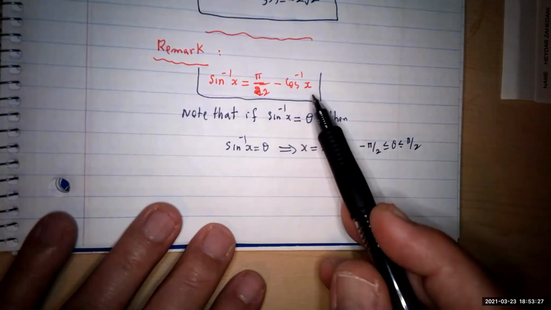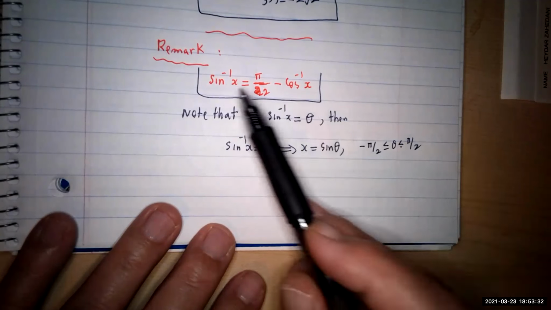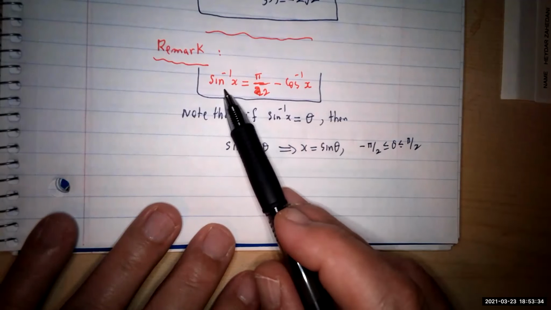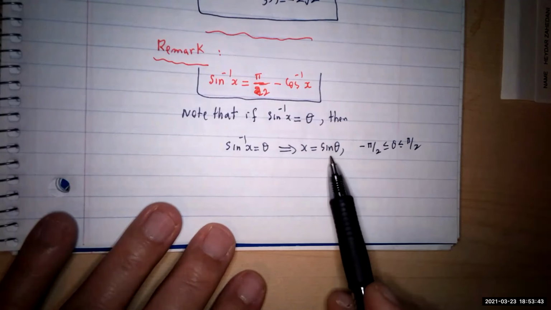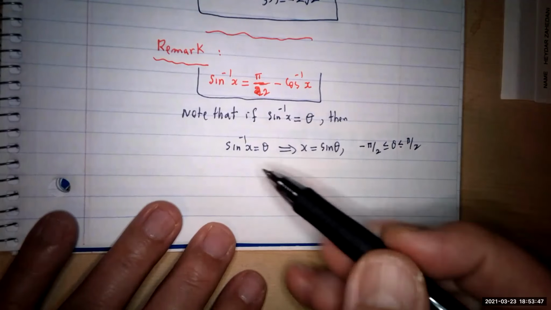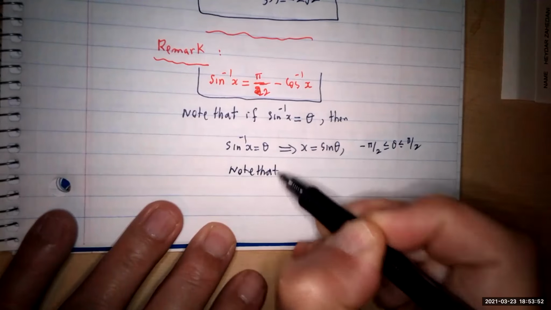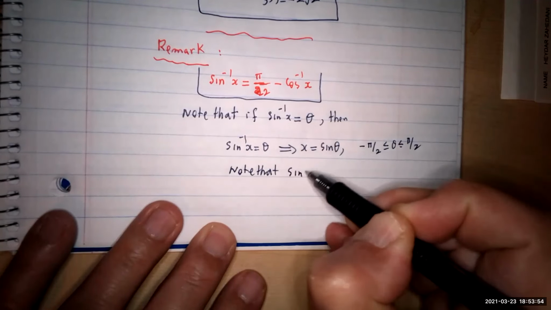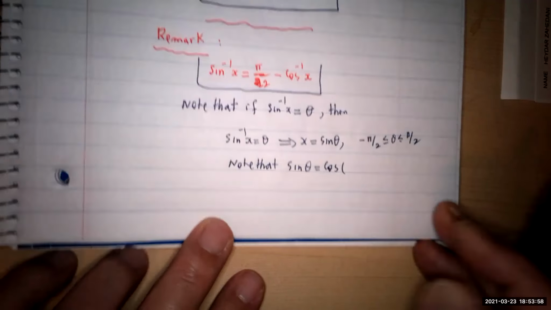Okay, so this is going to be the case. So if you go back here, something nice about this one is that the sine of theta is the same as the cosine of its complement.